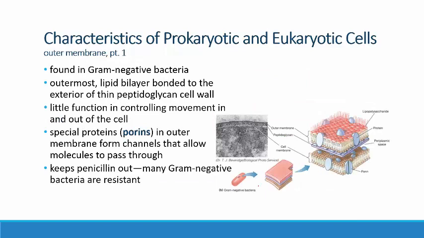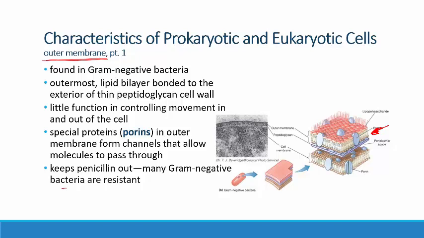Okay, so in gram-negative bacteria, we also see an outer membrane. So we're talking here now about the outer membrane. It's a membrane that is on the external surface of the peptidoglycan cell wall. It's structurally bound to the peptidoglycan.